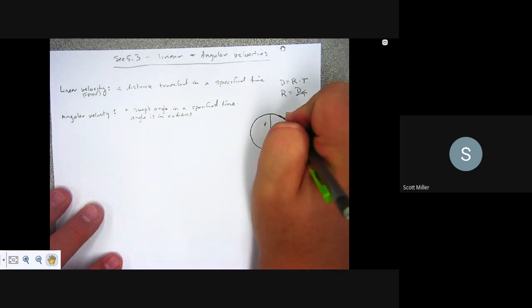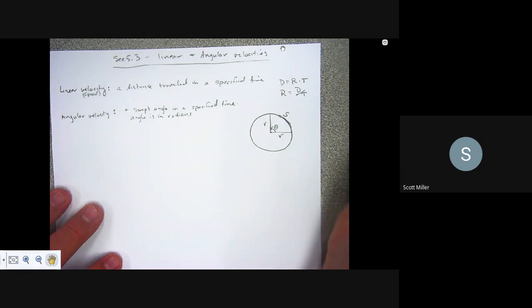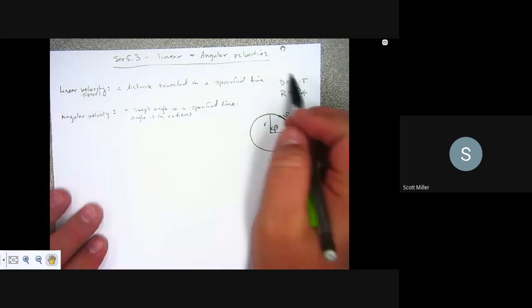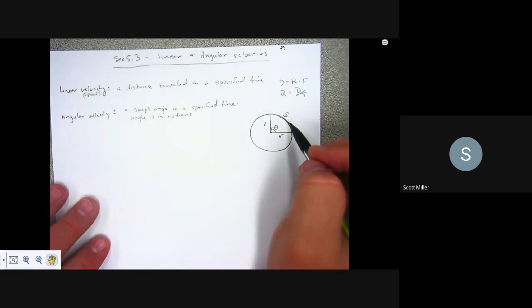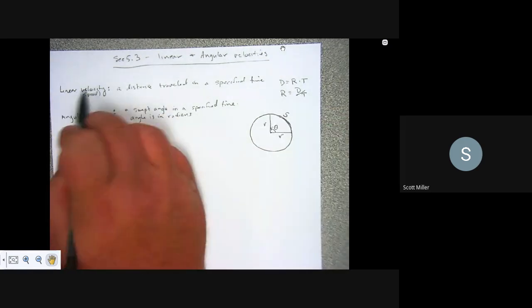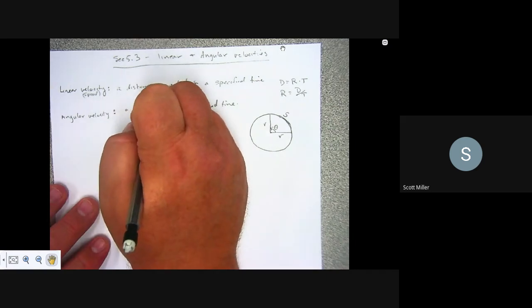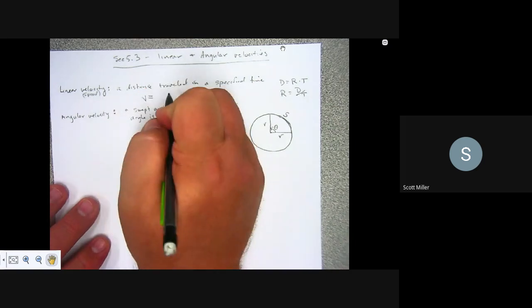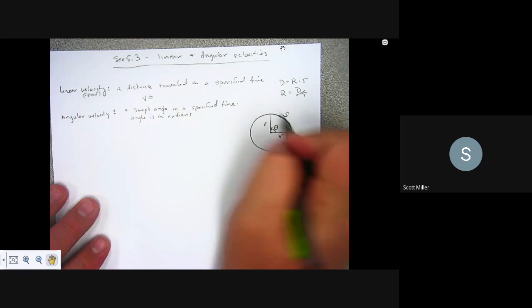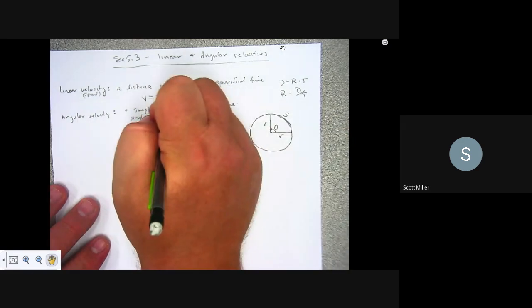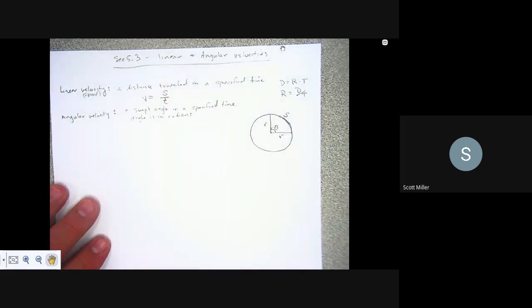So that is a length. We'll call that the arc length, or a distance. And so what is linear velocity? Well, using our terms, linear velocity, they usually use the letter V for velocity, and it is a distance. In this case, the distance would be S, and we're going to divide that by a time unit.